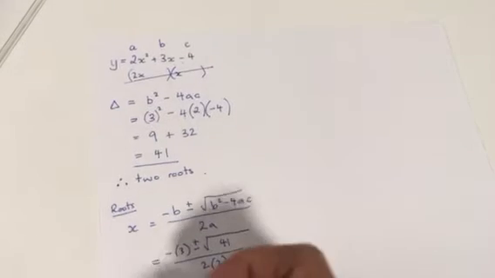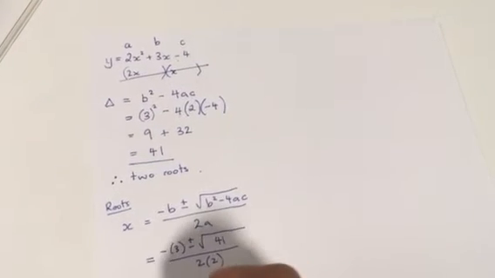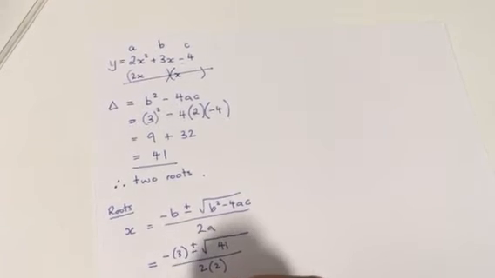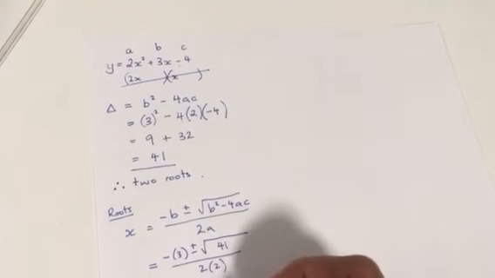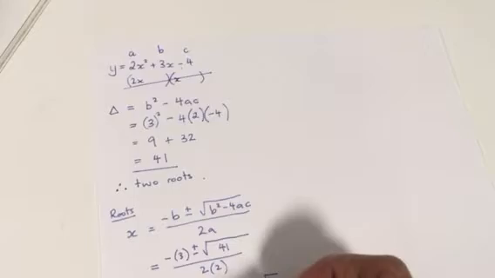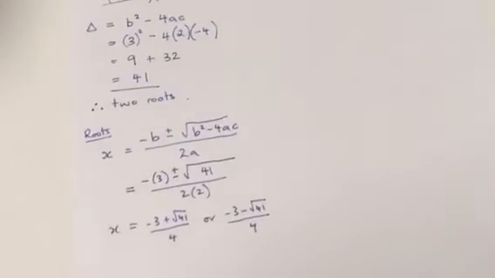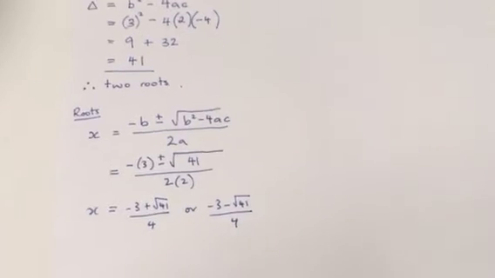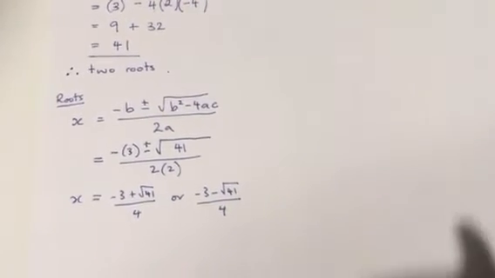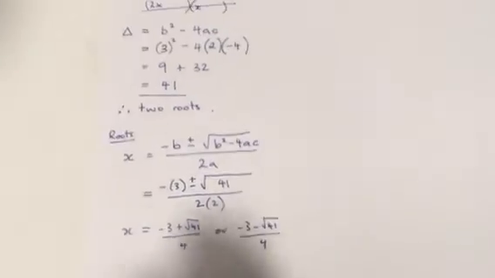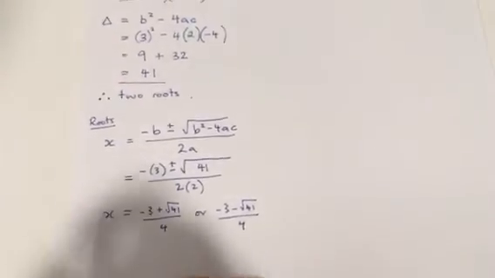So my roots then become x is equal to negative 3 plus the square root of 41 on 4, or negative 3 take the square root of 41 on 4. And I can put those into my calculator if I like, so that I get a decimal value, something that I can kind of work with or recognise, or I can just leave them as that for now.